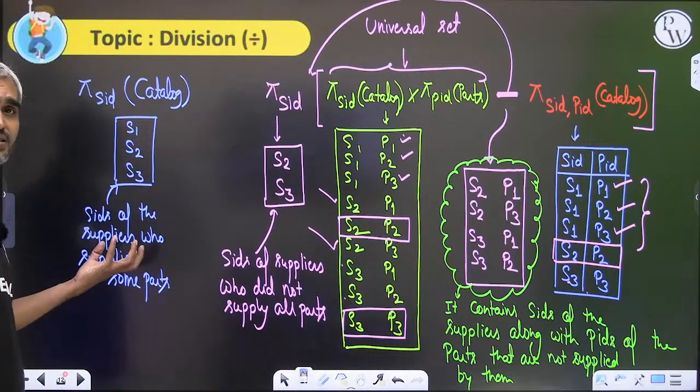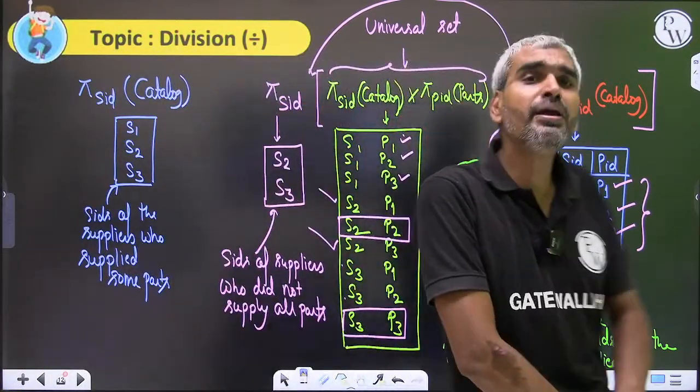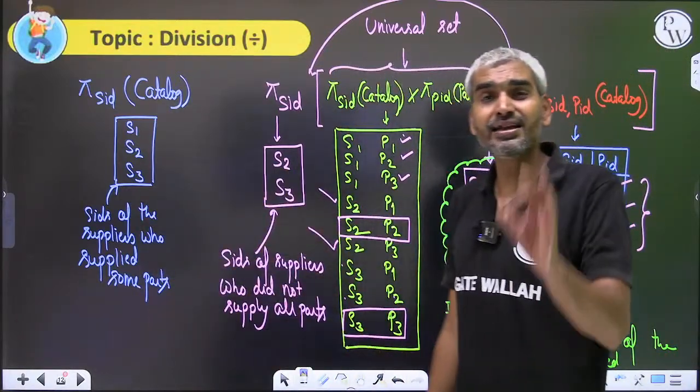So here are the SIDs of the suppliers who have supplied at least one part. Maybe all, but these suppliers have supplied at least one part.